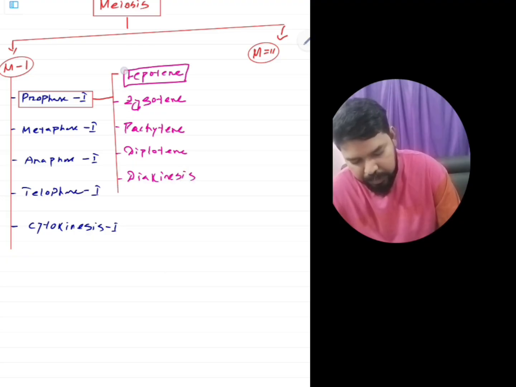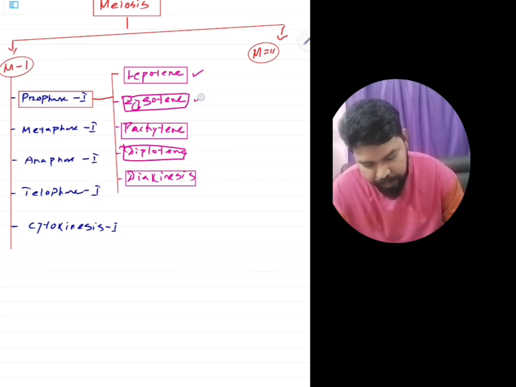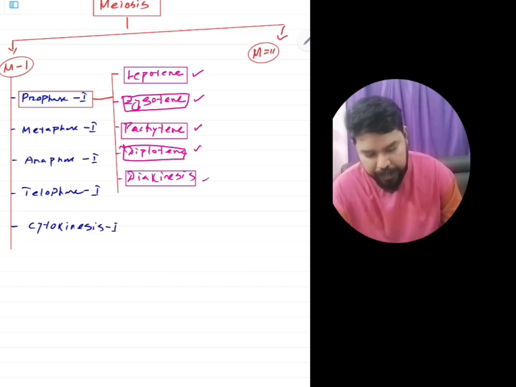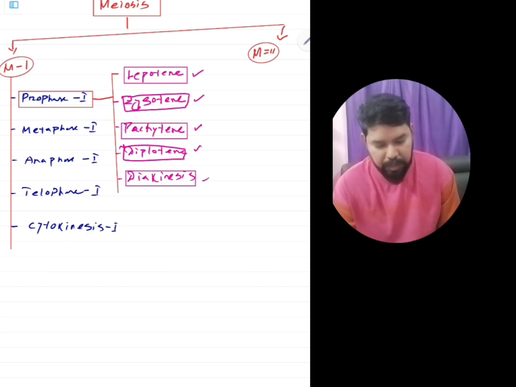So these are the 5 phases you are going to see in prophase 1. This sequence you have to mention, otherwise some ambiguity may arise in your concepts.